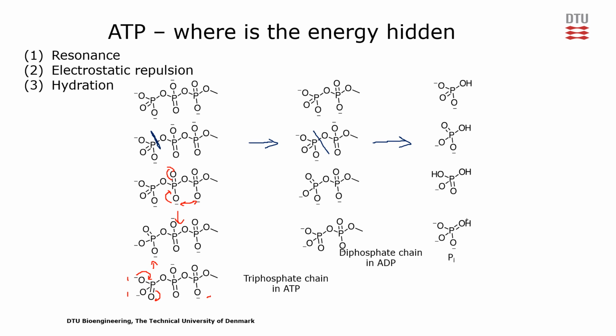It's approximately the same release. There's a little more in the first release than in the second, but it's not that much more. So just as a rule of thumb, it's 30 kilojoules per mole every time you cut a phosphate group.